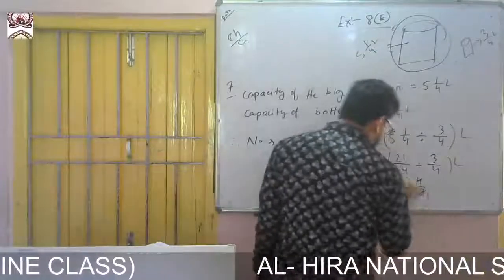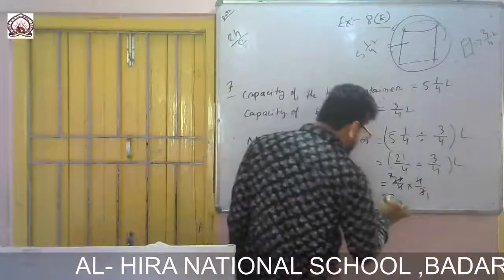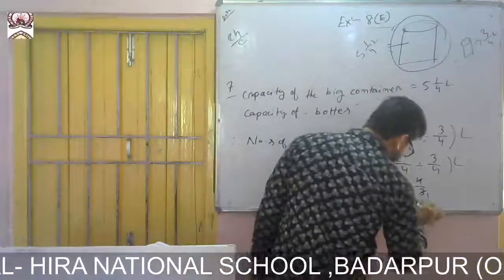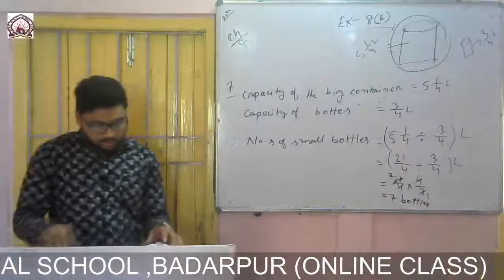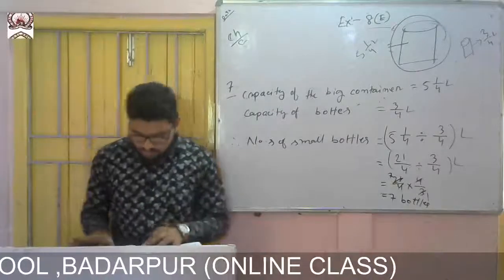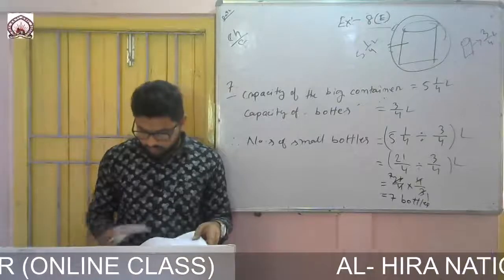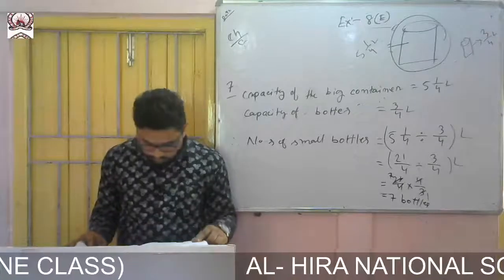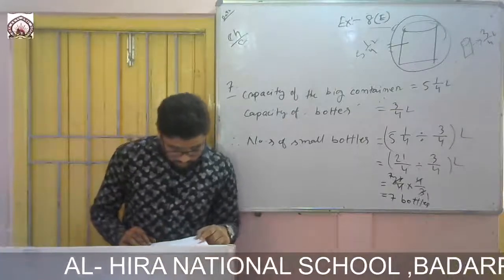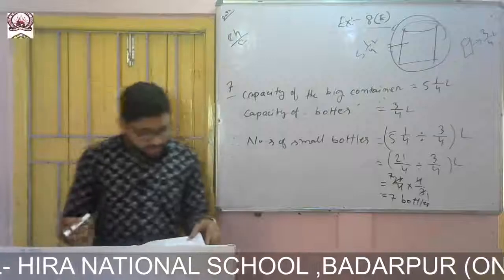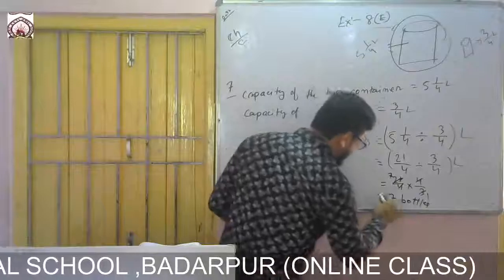So 3 1s are 3, 3 7s are 21. It is 7 bottles. Write the answer here: 7 bottles.